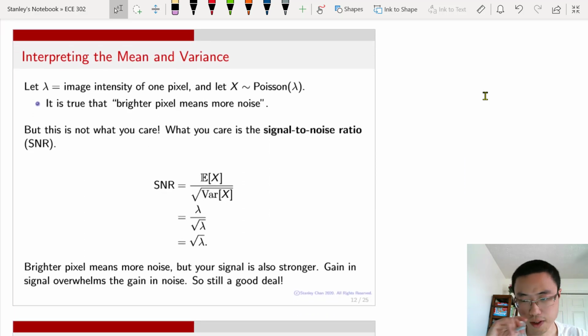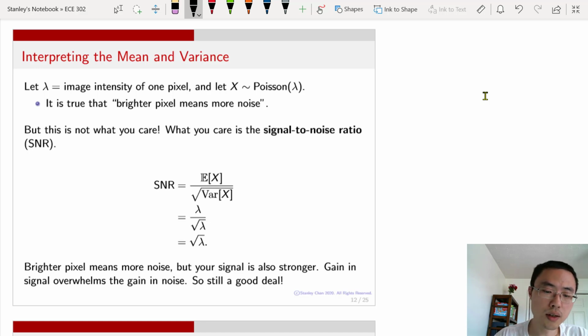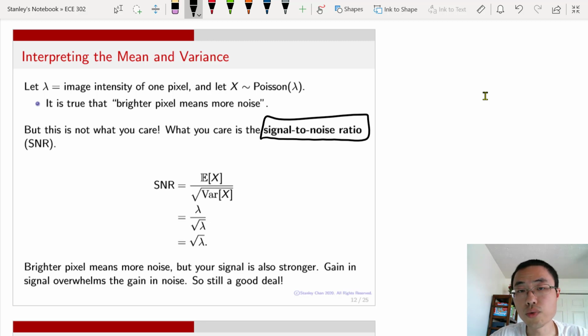this misconception that a lot of people have, which is that the Poisson random variable has higher noise when your scene is brighter. The notion that we tend to miss is this concept called the signal to noise ratio. Signal to noise ratio, as it's called, is the ratio between the signal and the noise.